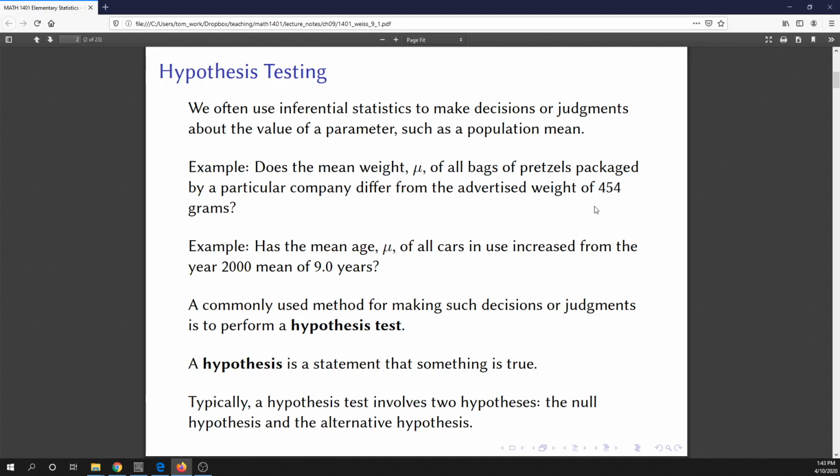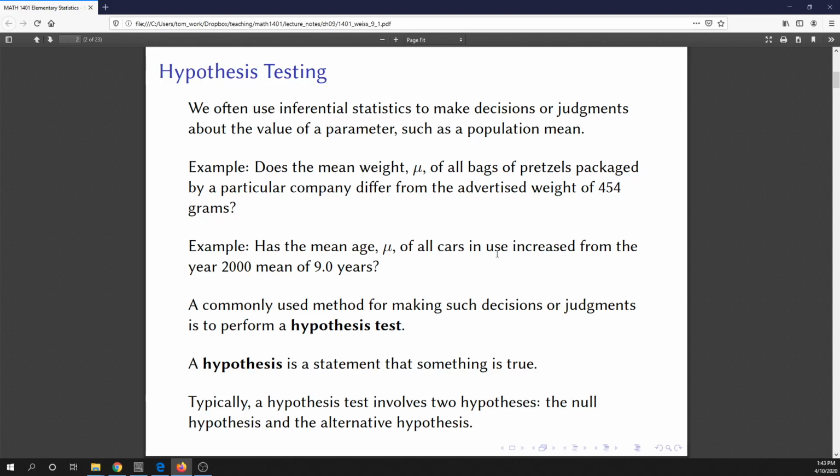Are they putting in too much or too few pretzels into the bag? This is basically their target. They want to be 454 grams each bag. So they will take a sample of the bags as they come off the line and then check the weights of those. Then, based on that sample that they've taken, they want to know, is it true that the population of all bags, the mean weight is 454 grams.